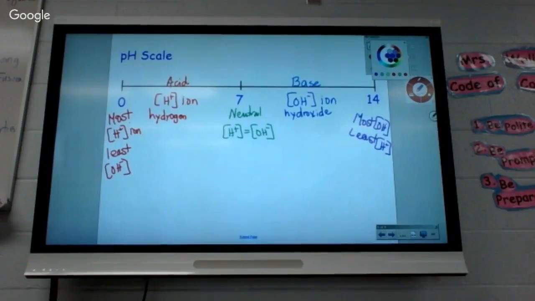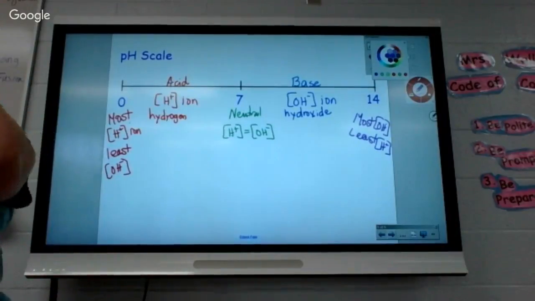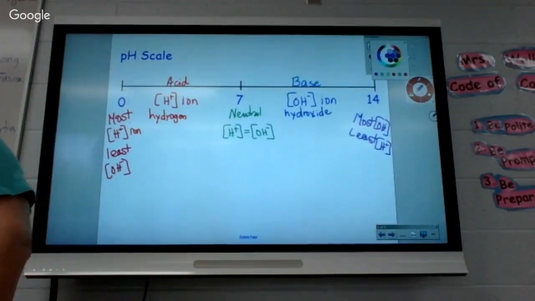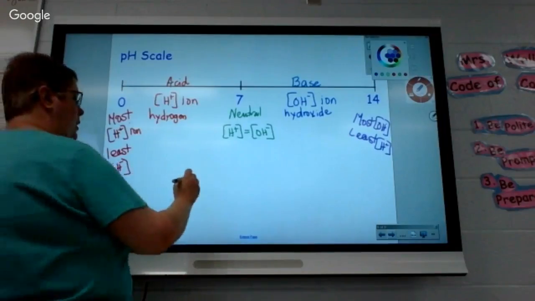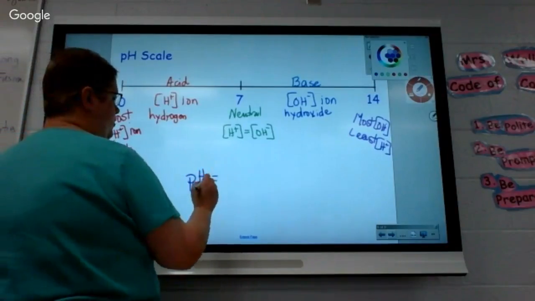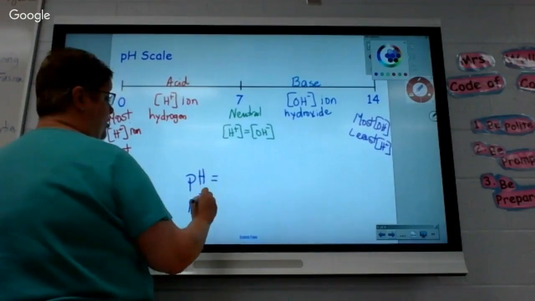Now, if you look on your formula sheet, can you find that real quick? Your orange reference tables. On the very bottom of that formula page, there are multiple formulas that say pH equals, there's one that says pOH equals.